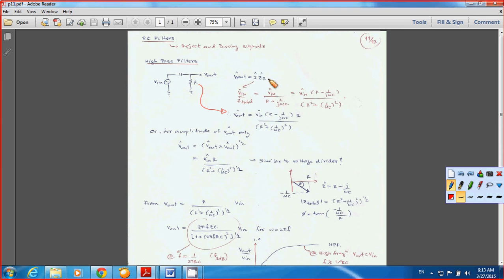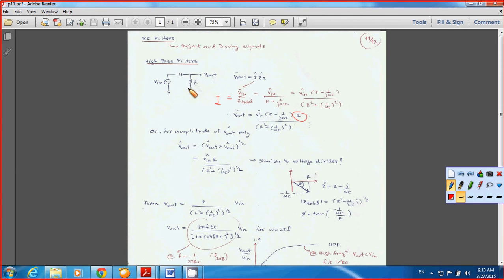So did I miss something here? Sorry, I'm missing R here. Oh, sorry, this is the current. This is only the current term. Sorry, I made you confused. And Vout simply becomes I multiplied by R.